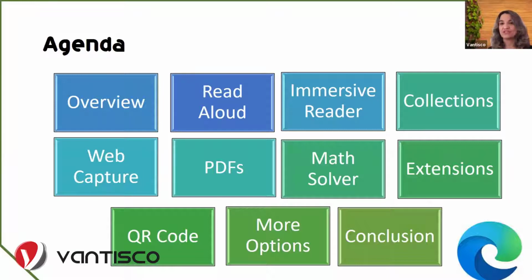We're going to have equations and see how to use Math Solver. Then we will move to adding extensions and how to manage extensions. And we're going to create a QR code, and we're going to check more options with the conclusion, and finally the resources and the links.